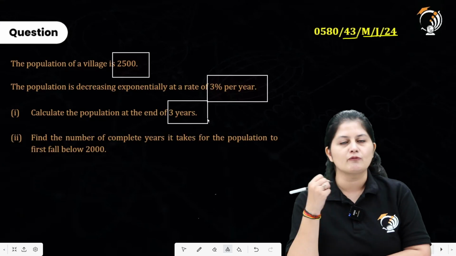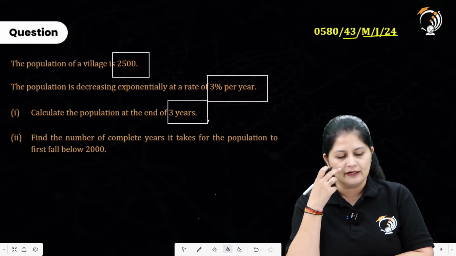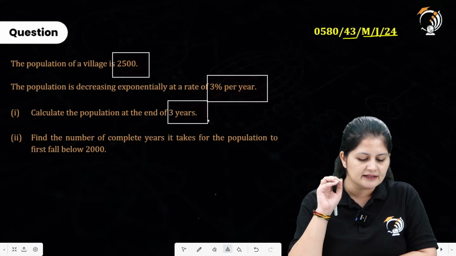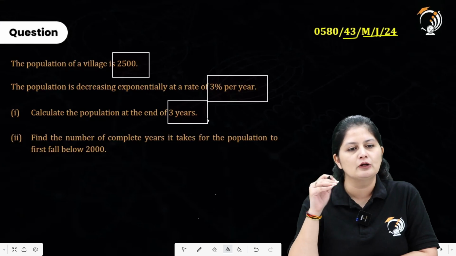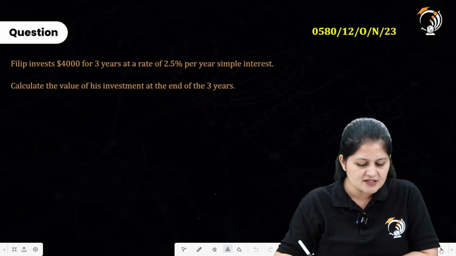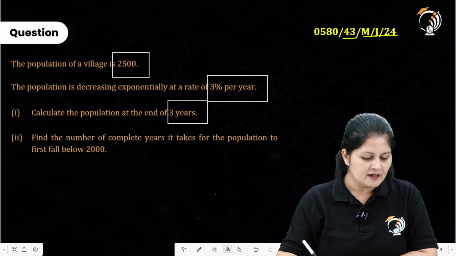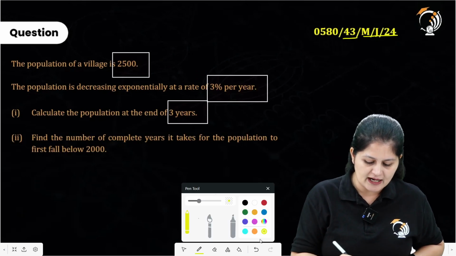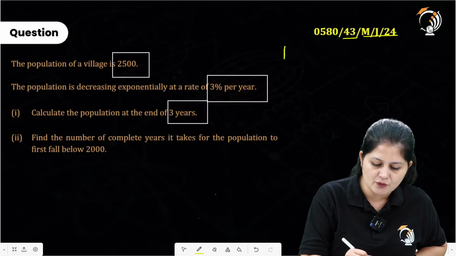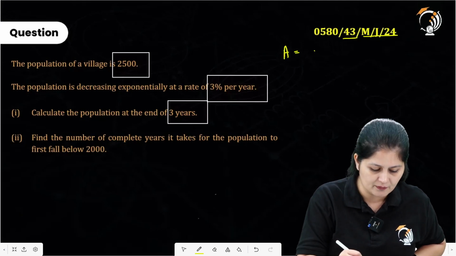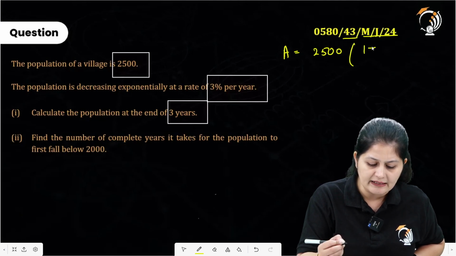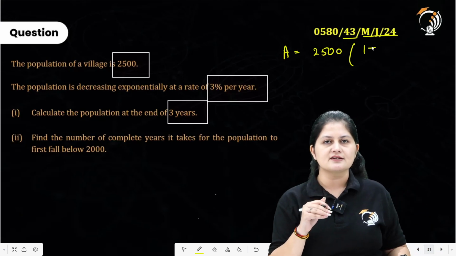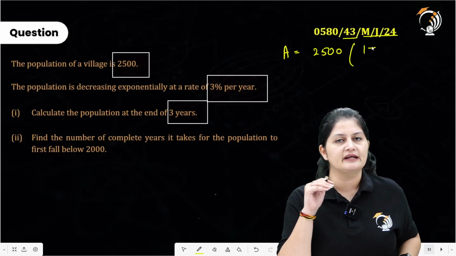We need to find out what is going to be the population at the end of 3 years, and then find the number of complete years it takes for the population to first fall below 2000, right? So let's just have the first question here, which says we need to find the population at the end of 3 years. So we are going to use the same formula. Initially the population is 2500 times 1 minus, so here as it is decreasing, we are going to have the rate as negative.